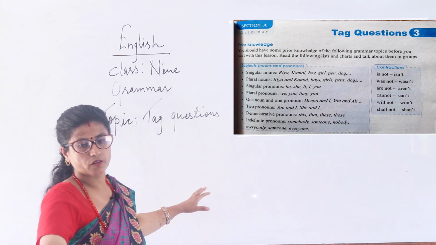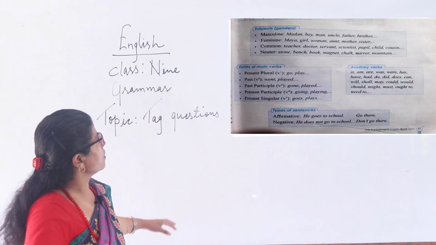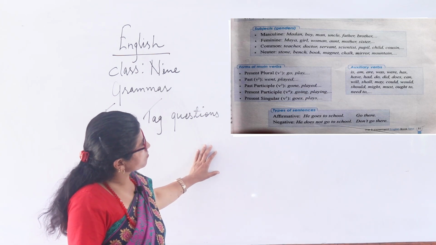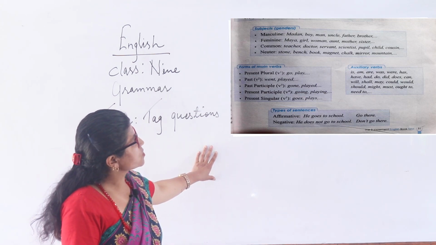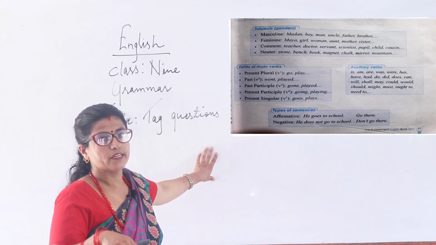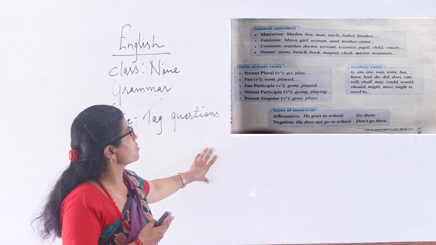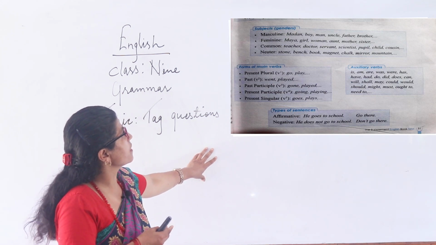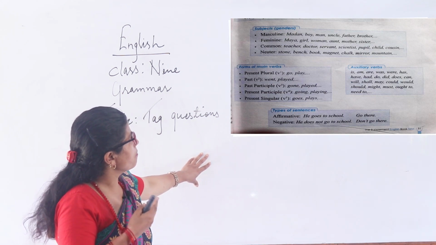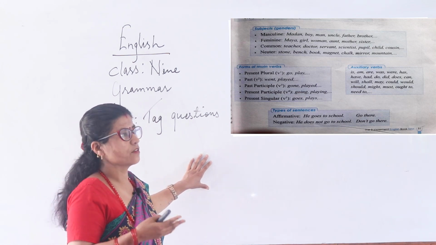Similarly, you can see gender, that means masculine gender or feminine gender. We should have the knowledge about whether the subject indicates male or female. Masculine means it indicates male, like Madan, Ram, Hari, uncle, father, brother.